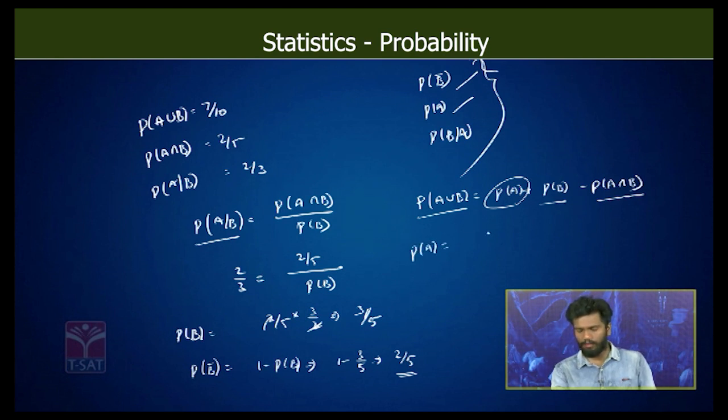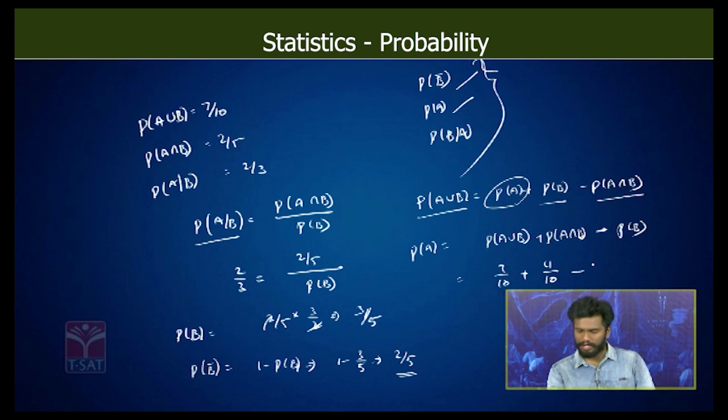Probability of A will be equal to probability of A union B plus probability of A intersection B minus probability of B. So A union B is 7/10. A intersection B is 2/5, I will write that as 4/10 because I am making the denominators equal. Minus probability of B. Probability of B is 3/5, I will write it as 6/10.